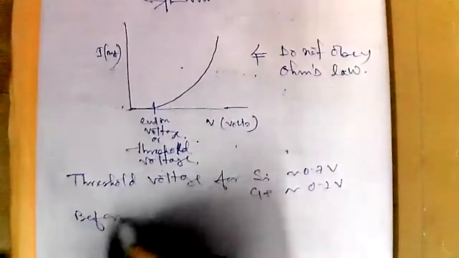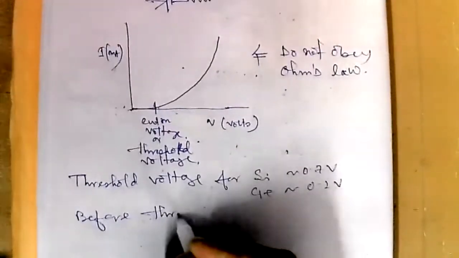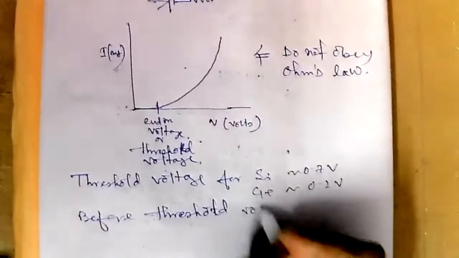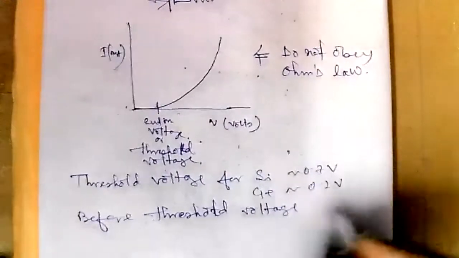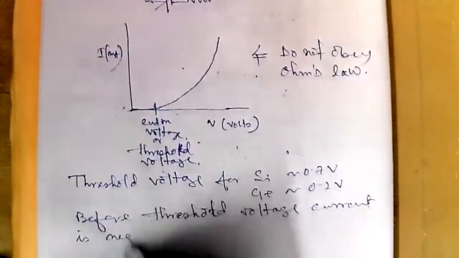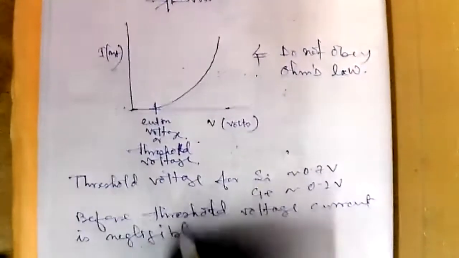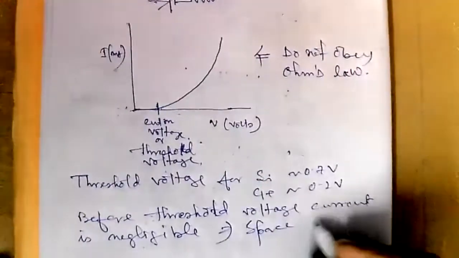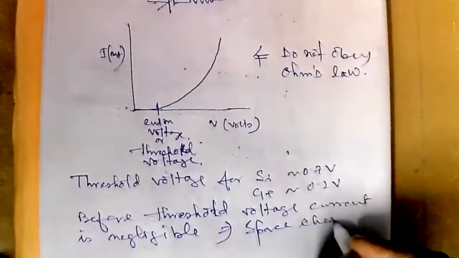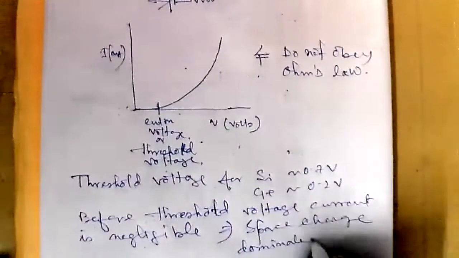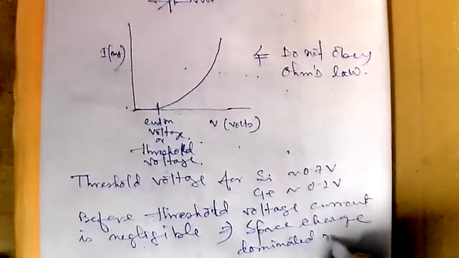Before threshold voltage, current is negligible. This is known as space charge dominated region.